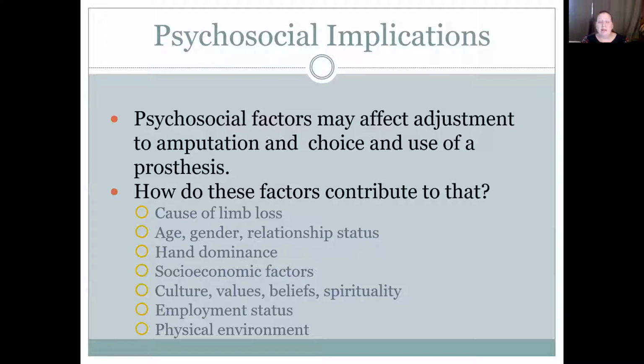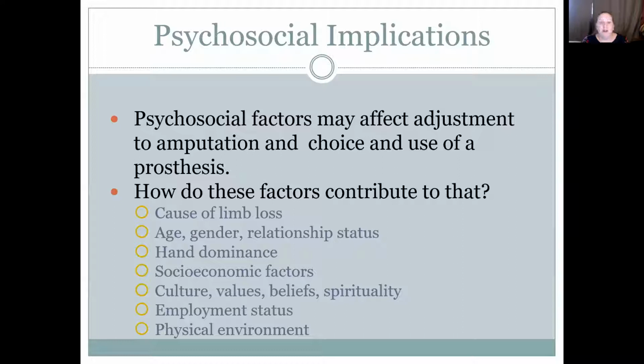Now we have the discussion of someone who has a physical impairment that causes them to have a psychosocial issue, okay? People have a difficult time adjusting after an amputation, and it can take a toll on their mental health, how they view themselves, what they think the world views them as. So how do these factors all contribute to that?